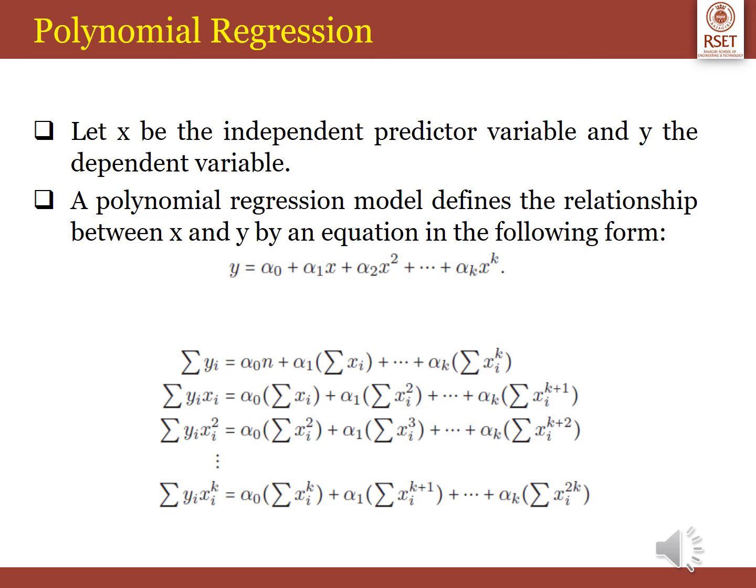These equations are of the form sigma yi is equal to alpha naught n plus alpha 1 sigma xi plus alpha 2 sigma xi square etc. up to alpha k sigma xi k, and sigma yi xi is equal to alpha naught sigma xi plus alpha 1 sigma xi square etc. up to alpha k sigma xi k plus 1, etc., to sigma yi xi k equal to alpha naught sigma xi k plus alpha 1 sigma xi k plus 1 etc. up to alpha k sigma xi 2k.